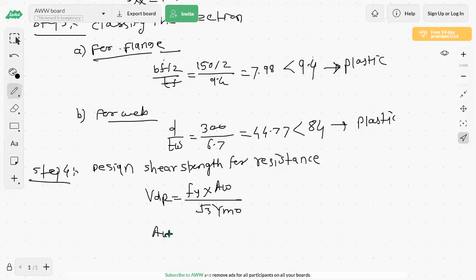Here AW is equal to H into TW. H is 300 and TW is 6.7. So 300 into 6.7 is 2010, I think. This is the area. AW is the area of web.